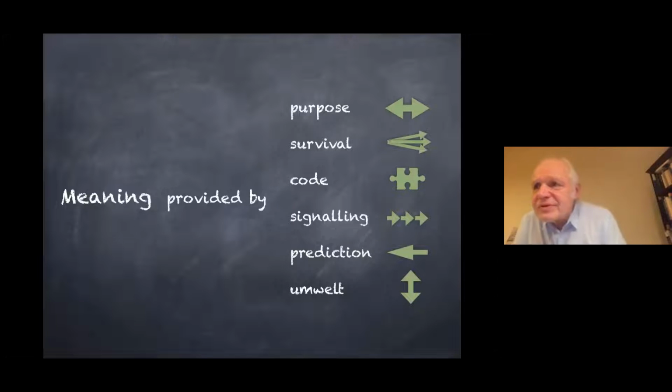In purpose, this after that; survival, current generation and next generation; code, original and copy; signaling, sender and the receiver; prediction, there is today and tomorrow, except in case of Umwelt, since the space requires simultaneity.